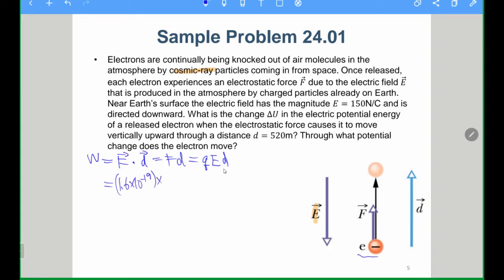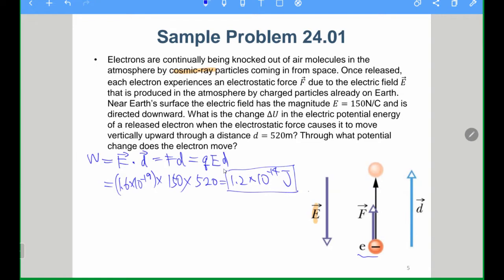Times E, which is 150, times D. D is 520 meters. So this value is 1.2 times 10 to the negative 12 joule. The SI unit for work and energy is joule.